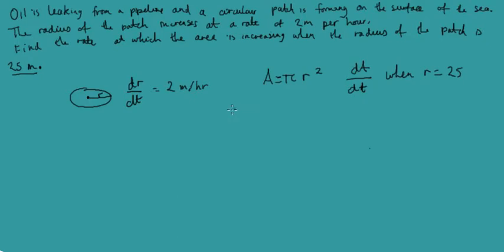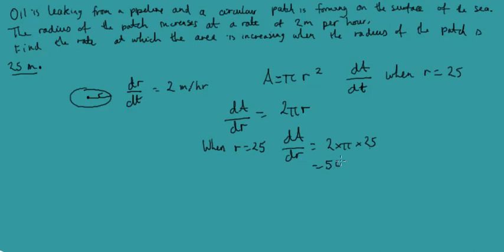So we're going to differentiate the area with respect to r. So that's going to be 2 pi r. Now when r is 25, dA by dr is going to be 2 times pi times 25, and that will be 50 pi.